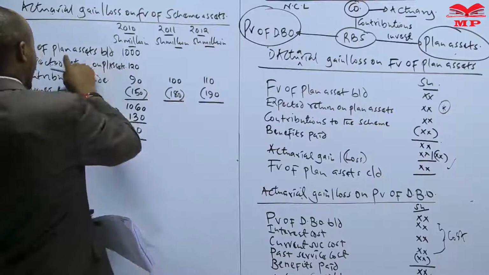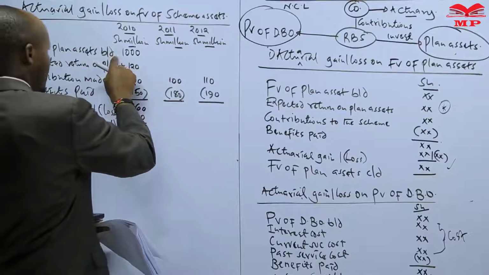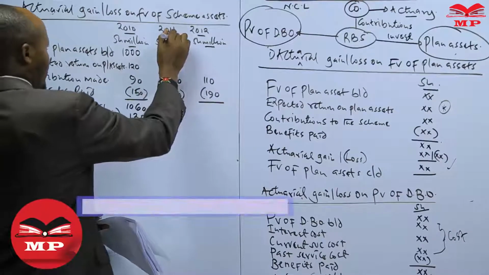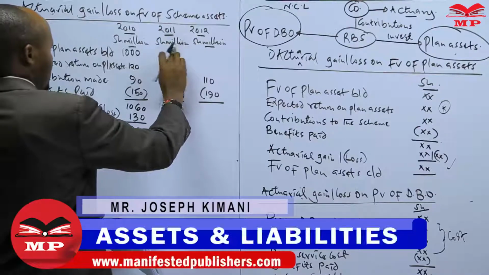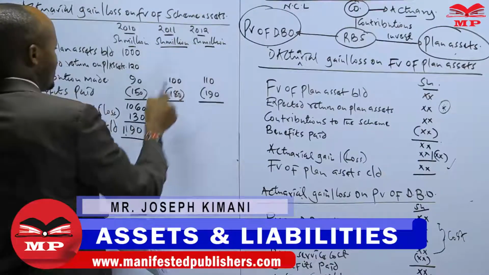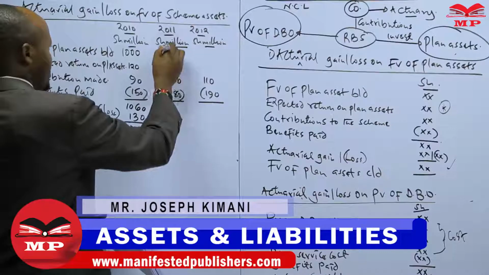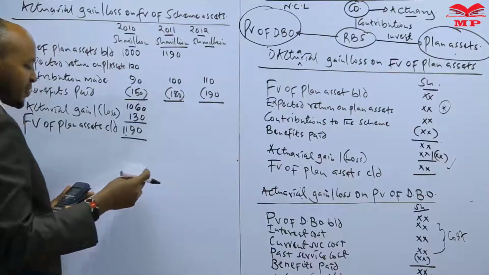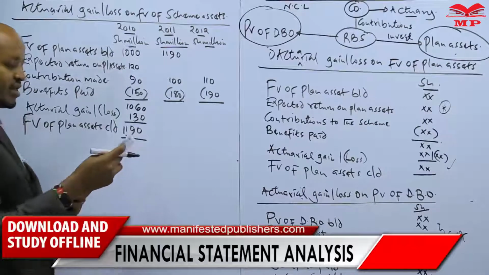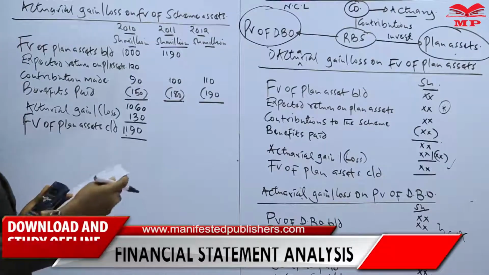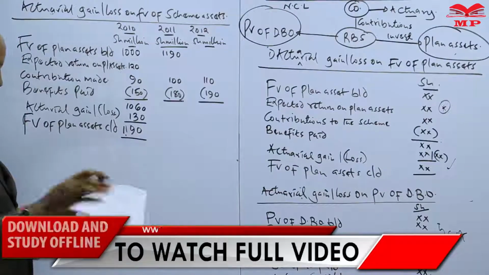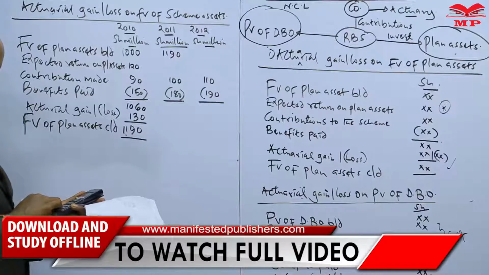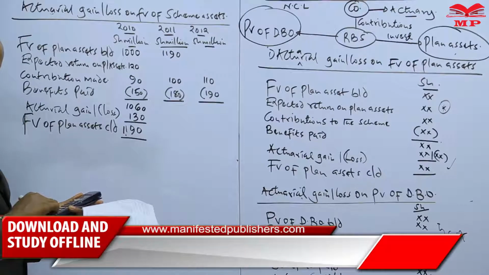We have the fair value of the plan asset at the start of the year. The fair value at the start of this year will be the closing balance of the previous year, so our opening balance will be 1,190. Then we compute the expected return on plan asset using the rate given here for 2011, which is 11% of 1,190.